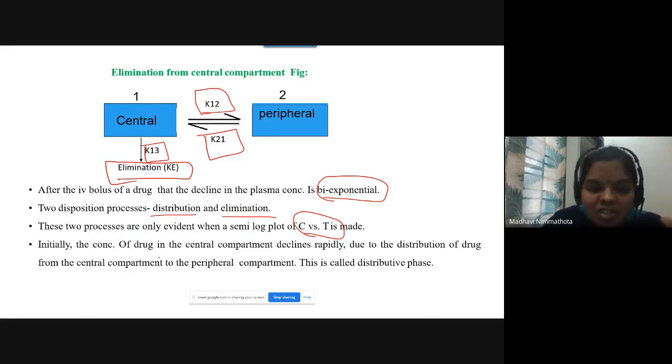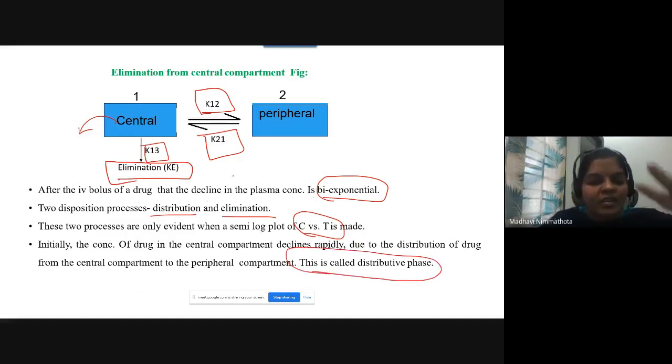Initially, the concentration of the drug in the central compartment declines rapidly. This is due to the distribution of the drug from the central to the peripheral compartment. This is called the distributive phase.